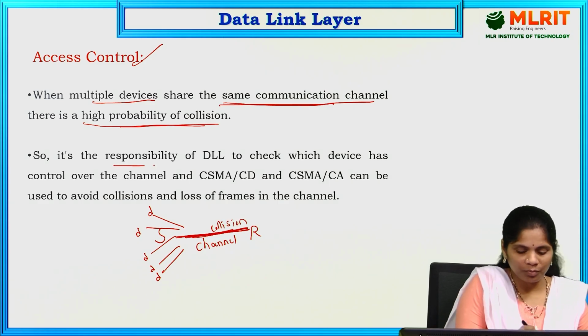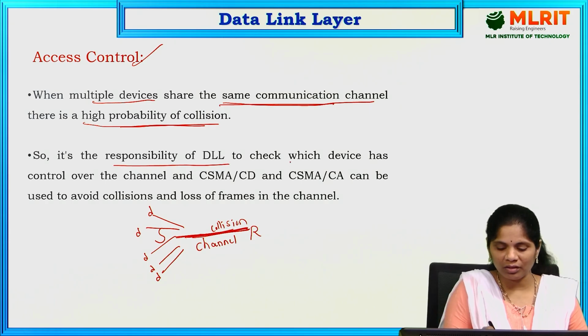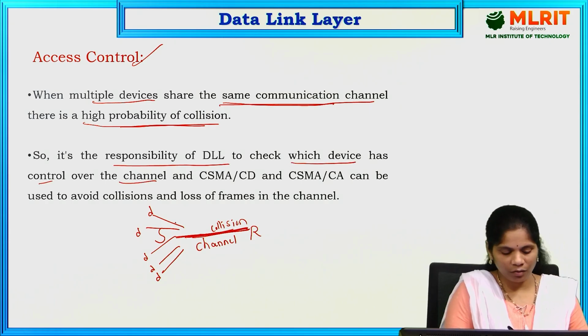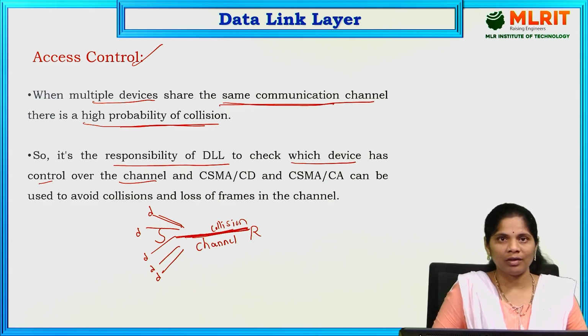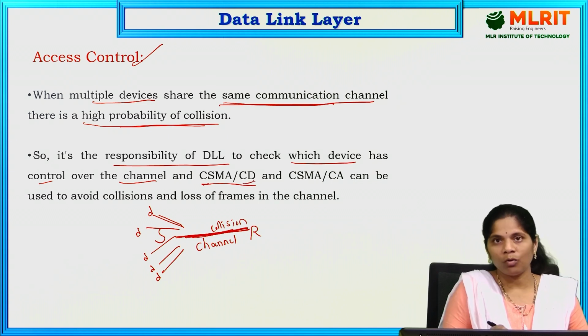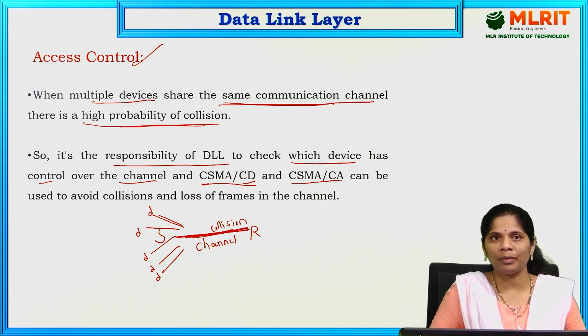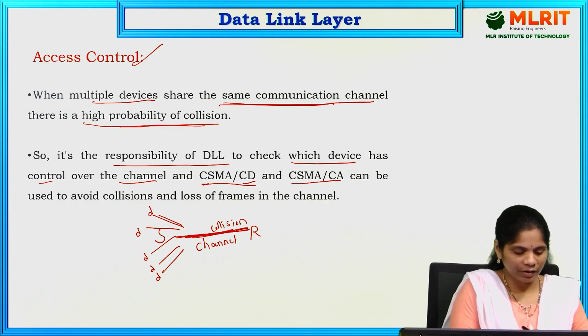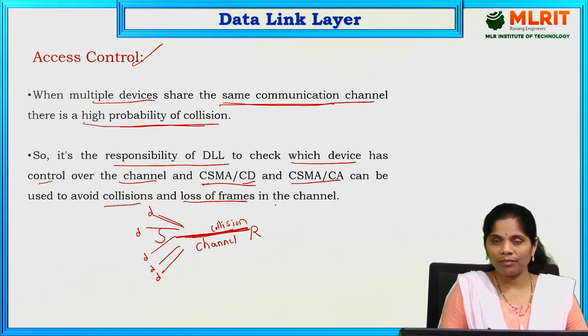So, the responsibility of the data link layer is to decide which device has control over the channel, and which device gets the first preference to send data, using some mechanism. Those are CSMA/CD, carrier sense multiple access with collision detection, and CSMA/CA, carrier sense multiple access with collision avoidance. These are the methods used for reducing and avoiding collisions and loss of frames in the channel.